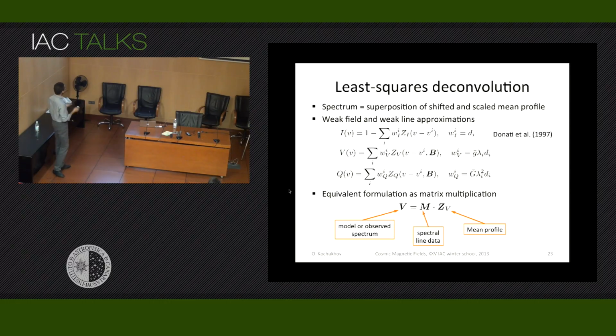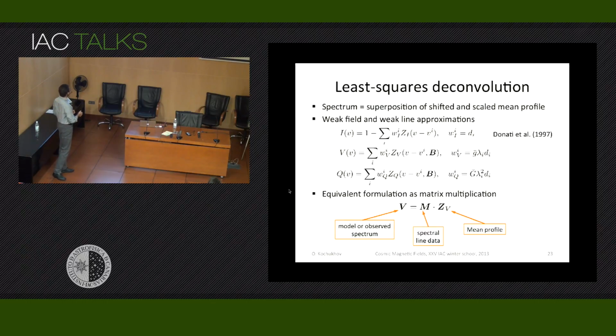And so, using this weak line and weak field approximations, it is possible to, in a very rough way, approximate the entire spectrum simply as a superposition of shifted and scaled mean profiles. So we have a mean profile for Stokes I, we shift it to the position where a line should be, we scale it by some factor, and then sum together all lines contributing to a given wavelength. And this gives us the Stokes I spectrum. And the same approach for other Stokes parameters, Q, U, V.